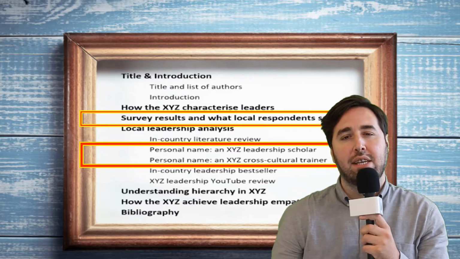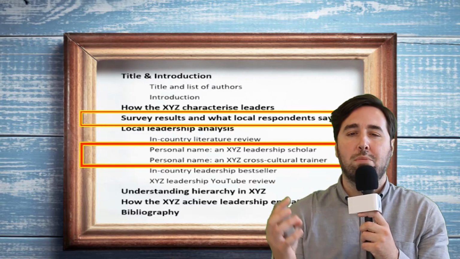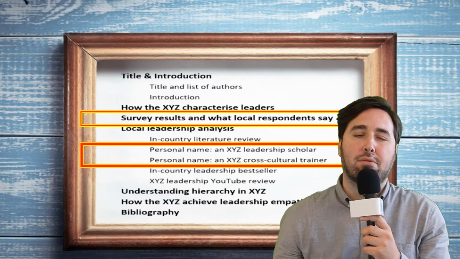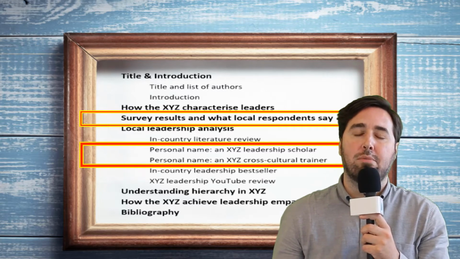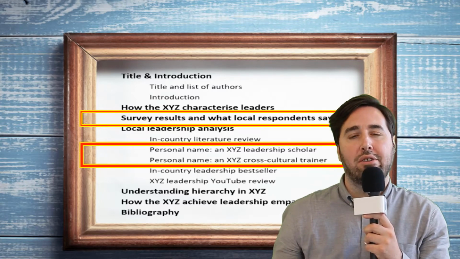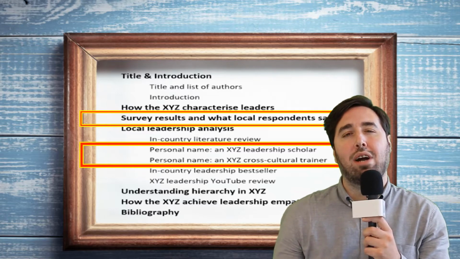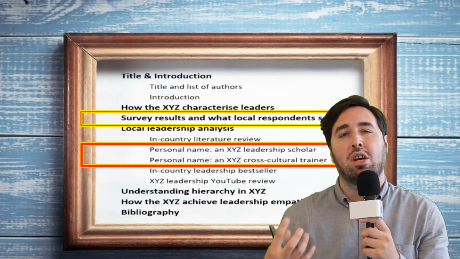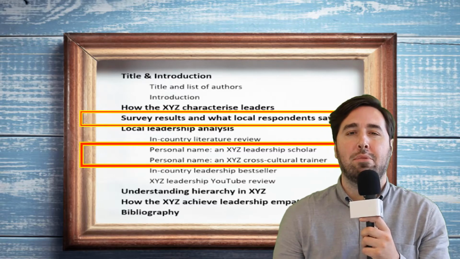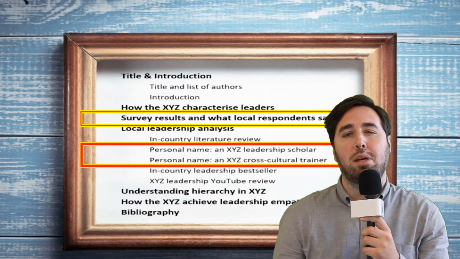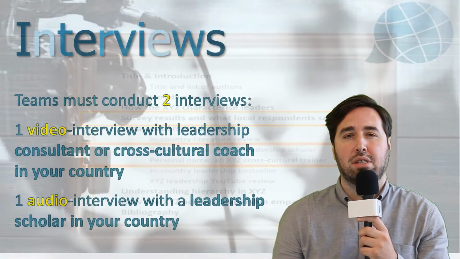But remember, as I said in previous sessions, you'll also be including really good, impactful quotes from the scholar and from the leadership consultant in other sections in your CP. So remember, ultimately the CP rises and falls based on the quality of the primary data that you cite in it. Okay, so it's really important that you communicate well and you get the best possible people to take part in your research.